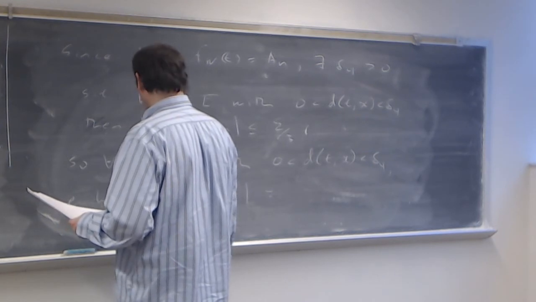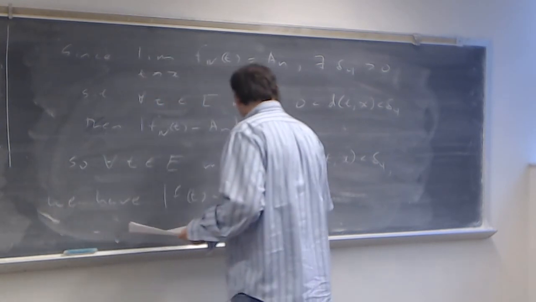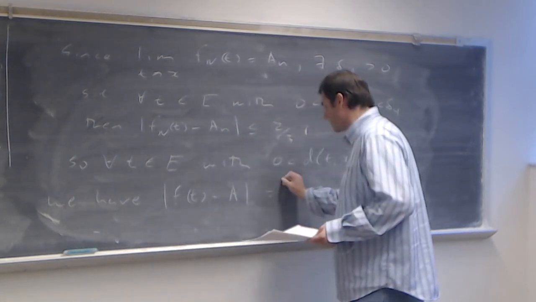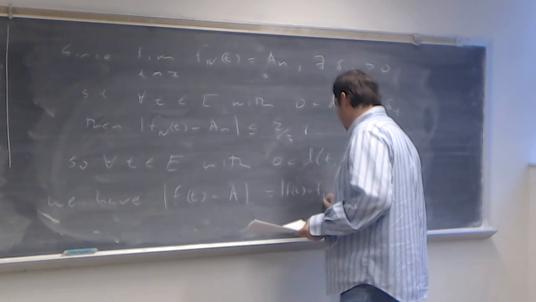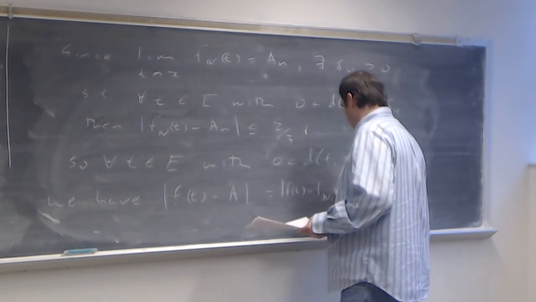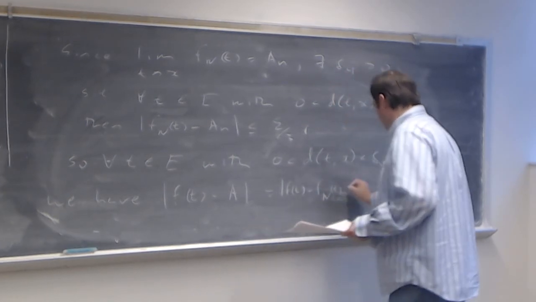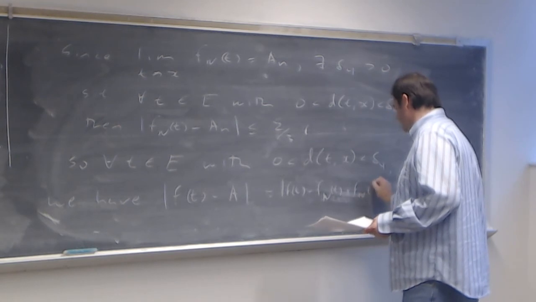And I've made a mistake. Well, an omission. This is going to be equal to f of t minus f sub big N of t plus f sub big N of t.